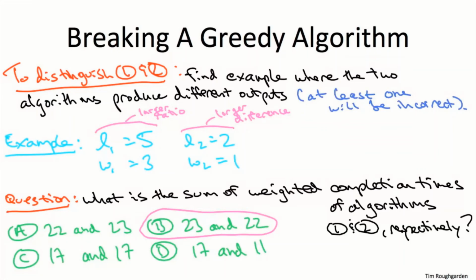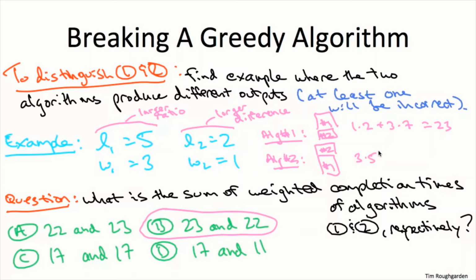So it just remains to compute the objective function value of those two schedules. So for the first schedule with the second job first, well, the second job has weight of 1, it has a completion time of 2. The first job has a weight of 3 and a completion time of 7, so that gives us a total of 23. Whereas the schedule produced by the second algorithm, we have the weight 3 job first.